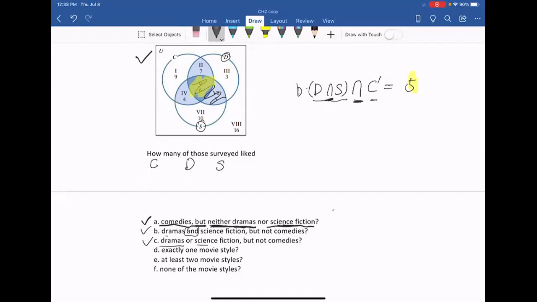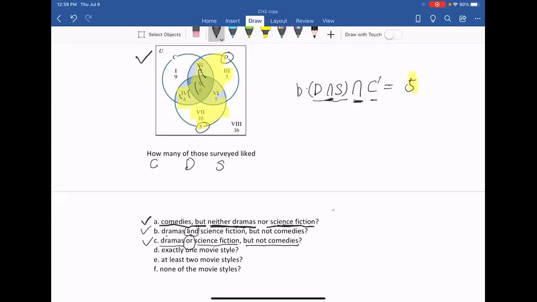Dramas or science fiction. If right now it is "or," that means all of these. Let's read, but not comedy. That means the yellow highlighted region. We need to subtract these.